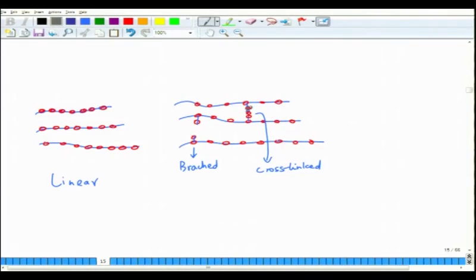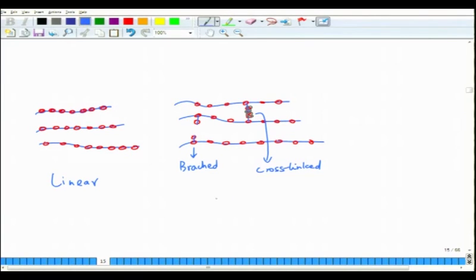Secondary bonding does not really cross link. For cross linking, you need to provide some molecule which links the two chains. So, this is a cross linked structure. This is a branched structure where chains are close to each other, but they are not connected to each other. And then you have a networked structure.